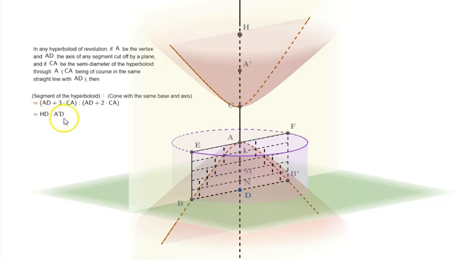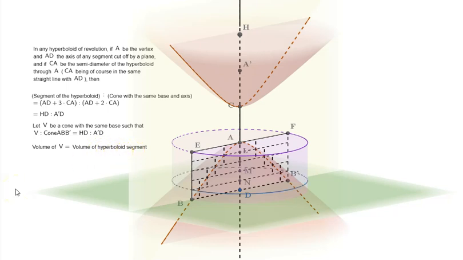As I mentioned, this can be written as HD is to A prime D. Let V be a cone with the same base such that the volume of V is to cone ABB prime as HD is to A prime D. If we take a cone like that, then the volume of V is equal to the volume of the hyperboloid segment.